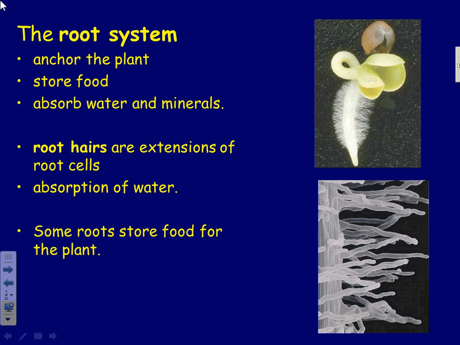Root system, function: anchors the plant, stores food, absorbs water and minerals. Root hairs are an extension of root cells. So each of these little hairs, it's not a cell itself per se, but it is an extension of that cell.